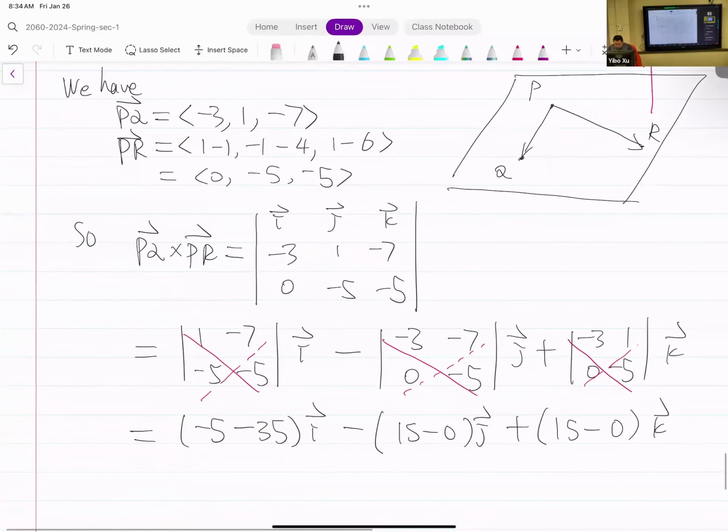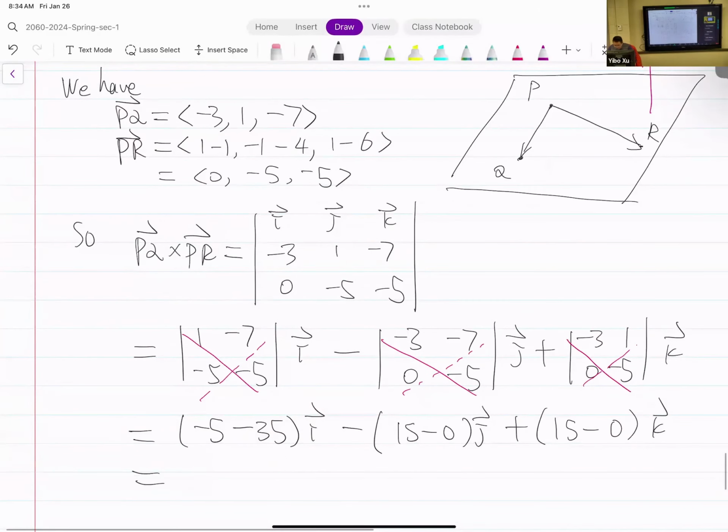So now you see, once you simplify, that's the cross product vector. So 40i minus 15j plus 15k.